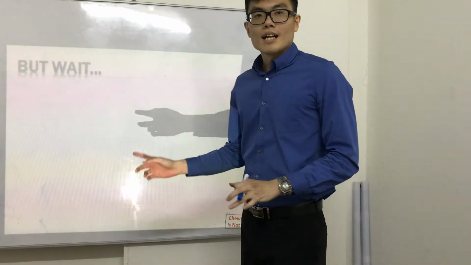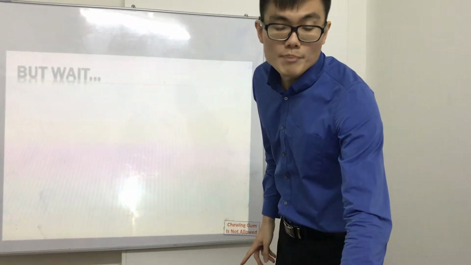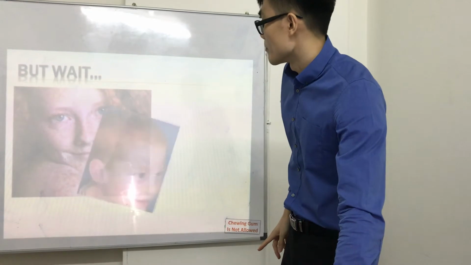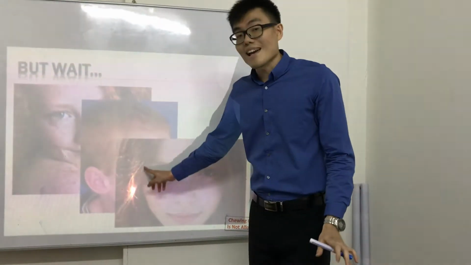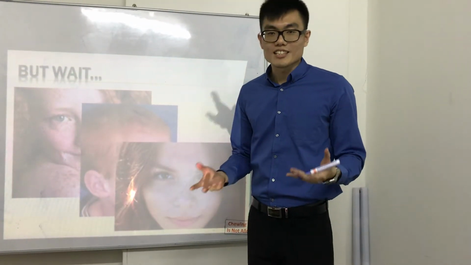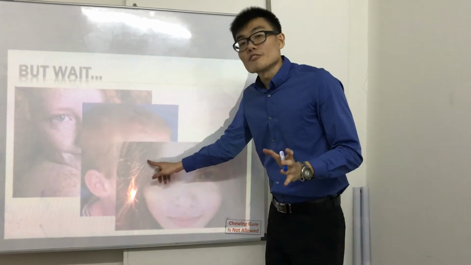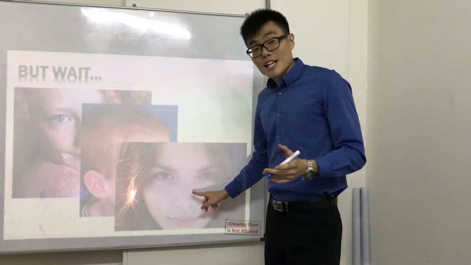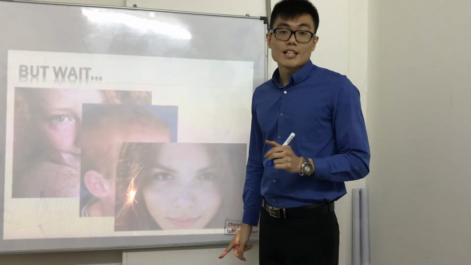But wait, I think some people will notice that those people with red hair, naturally of course, not artificially, will have freckles at the same time, most of them, right?